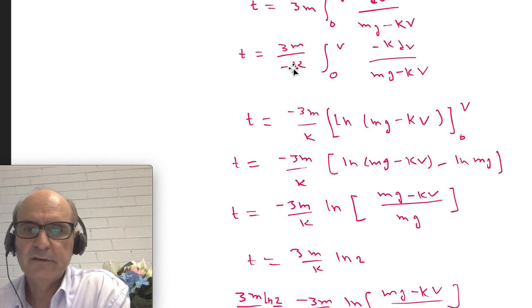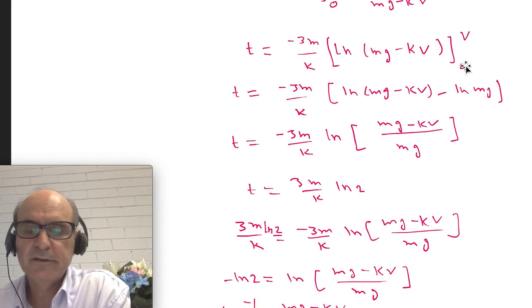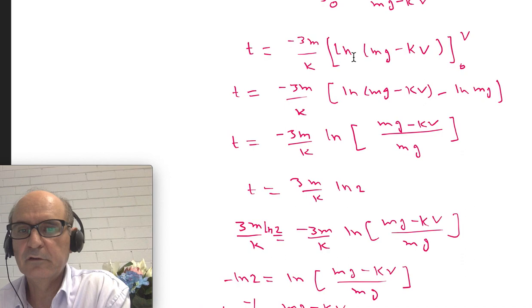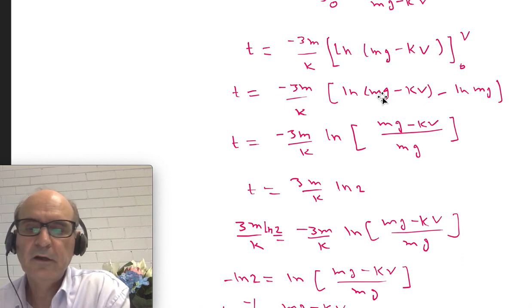So minus 3m over k, and then the integral here is ln(mg minus kv) from 0 to v. Now replace this with v, and replace it with 0, where kv will go away and we end up with ln mg. Now you have two ln's subtracted. You can write it as the ln of a fraction. So that becomes ln of (mg minus kv) over mg.